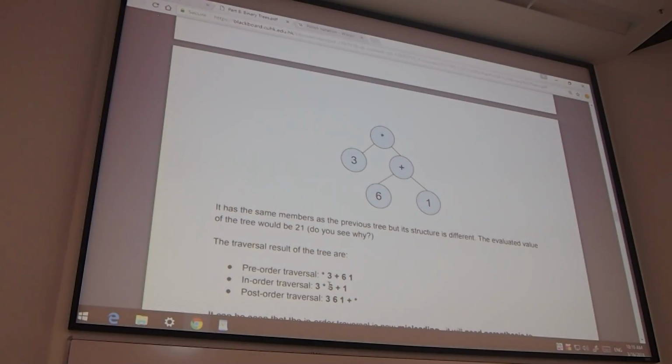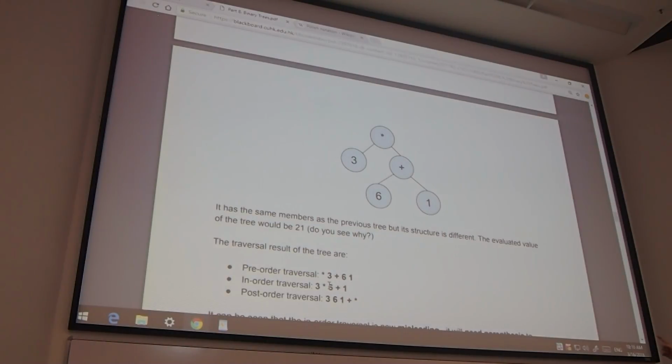So here, if I want the in-order traversal to represent itself correctly, I need parentheses. I need to know that 6 plus 1 actually has a high priority here. So this actually represents 3 times parentheses 6 plus 1.